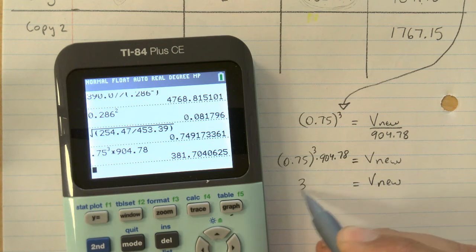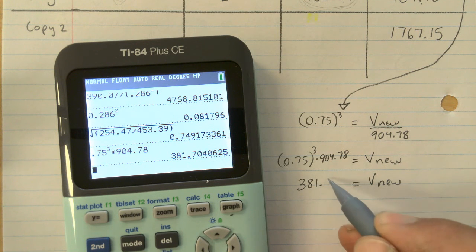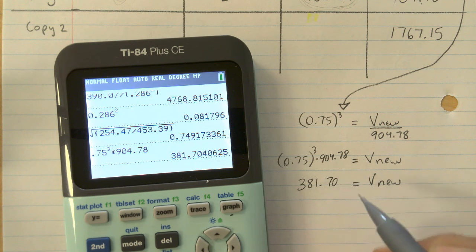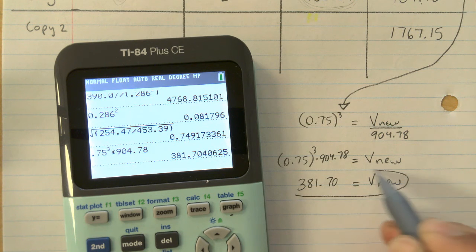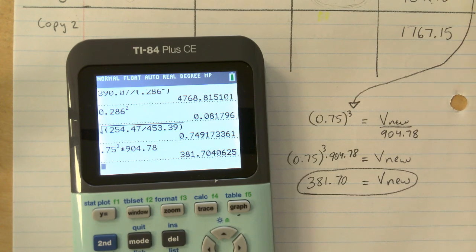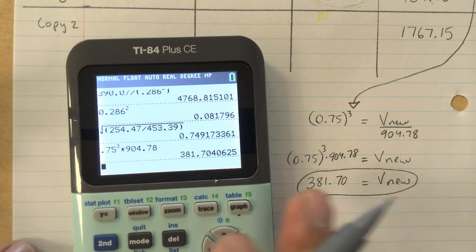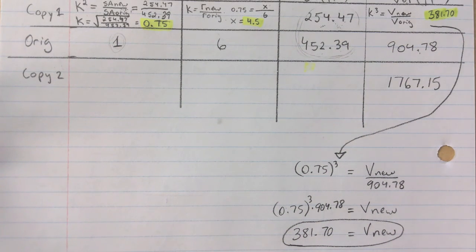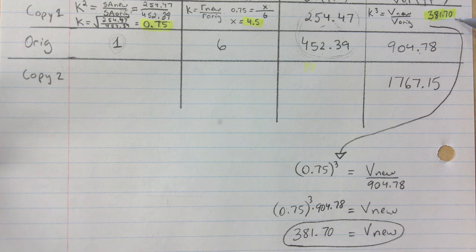So it's 381.70. So that's what we're going to put in here, 381.70 cubic feet. So I put down 381.70 up here. Okay.